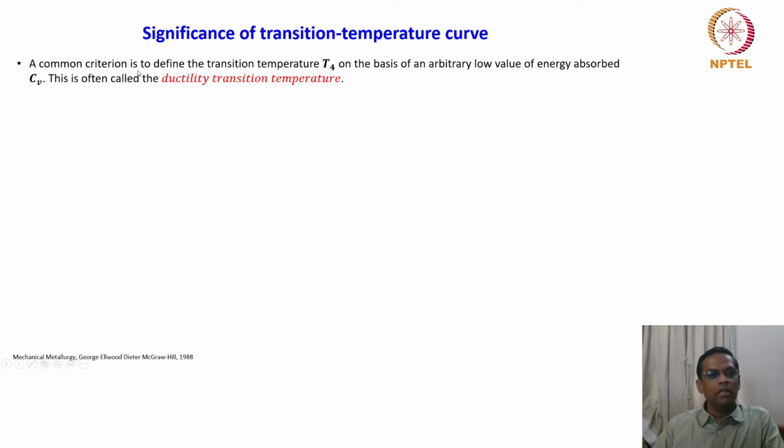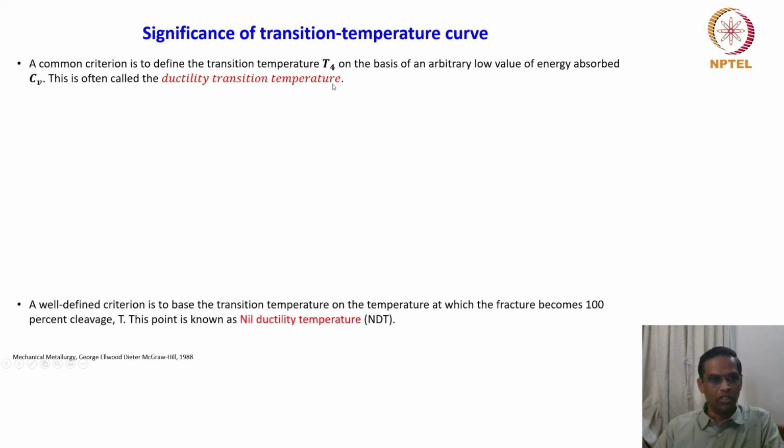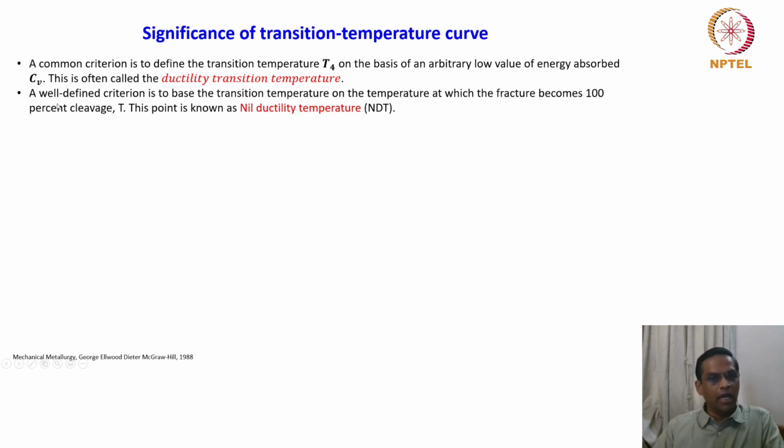A common criterion is to define the transition temperature T4 on the basis of an arbitrary low value of energy absorbed, CV. This is often called the ductility transition temperature. T4 is the ductility transition temperature. And then another well-defined criterion is to base the transition temperature on the temperature at which the fracture becomes 100% cleavage.